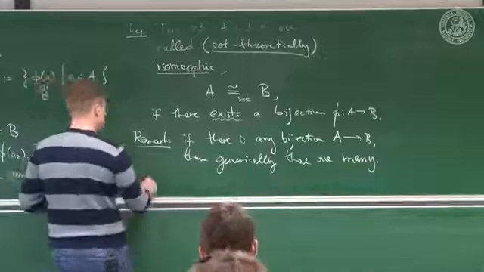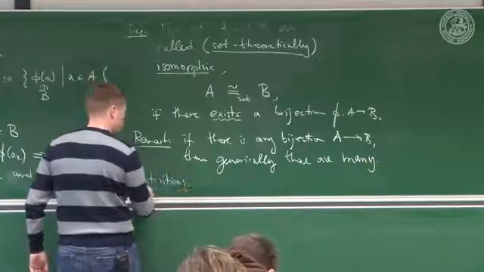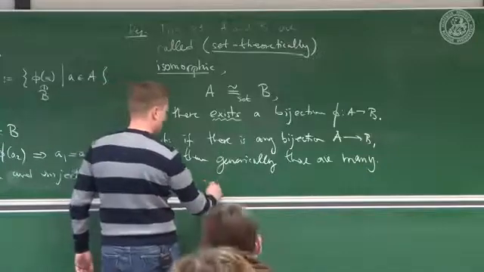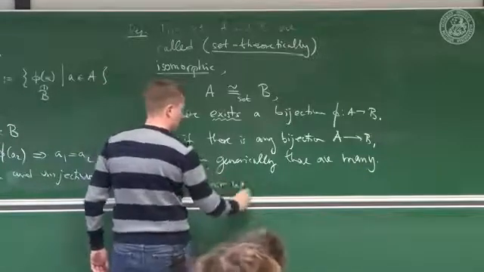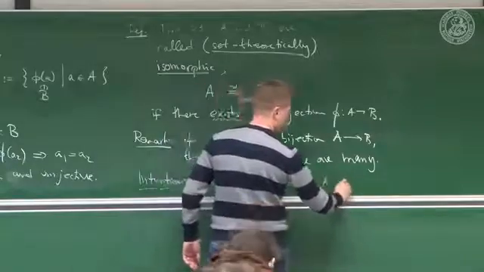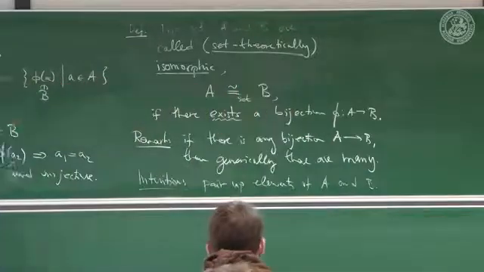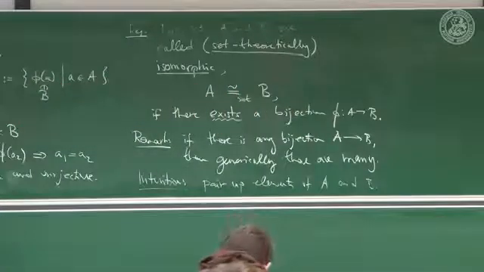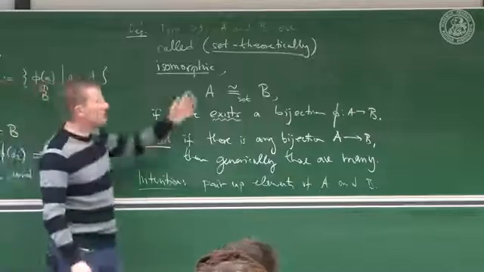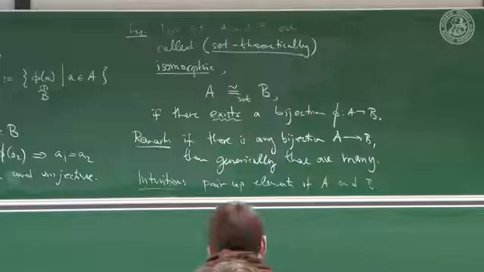And the intuition about this is to pair up elements of A and B. So if you have two classrooms, one with boys and one with girls, you can ask, are they isomorphic? All you got to do is pair up the boys with the girls in pairs.